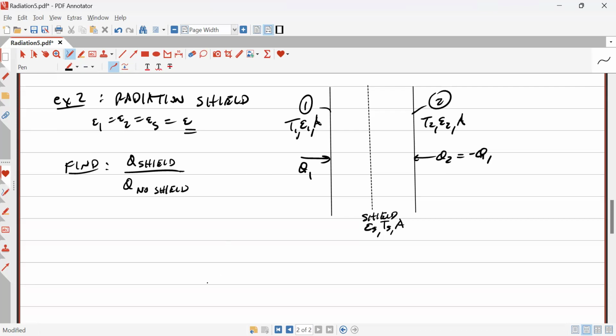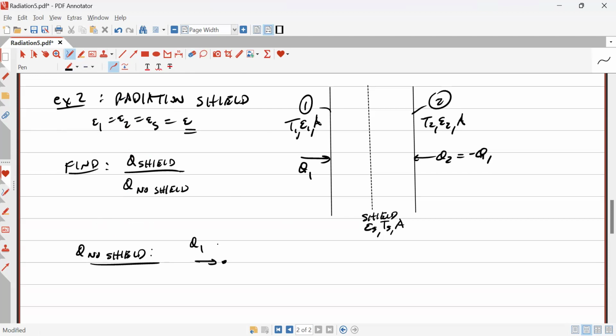Okay, so Q shield is if you include the shield in the network, and Q no shield is when you take it away. So let's start with Q no shield. For that network, all you have is surface 1 and 2.